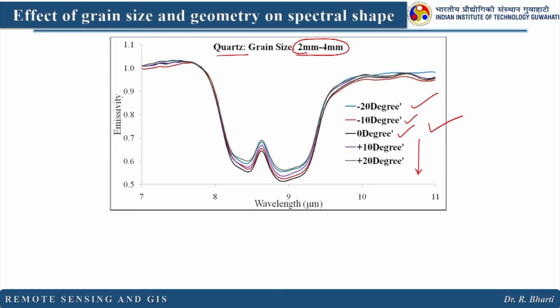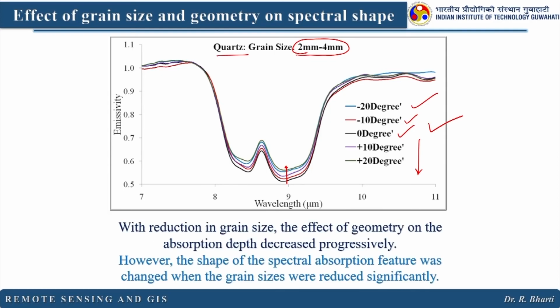And here you can see in all the cases you have different spectral response, but remember the position is not changing, only the intensity is changing, right. With reduction in grain size, the effect of geometry on the absorption depth decreases progressively. However, the shape of a spectral absorption feature was changed when the grain sizes were reduced significantly.